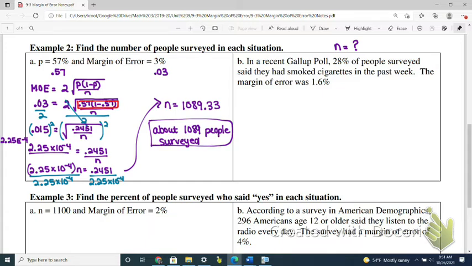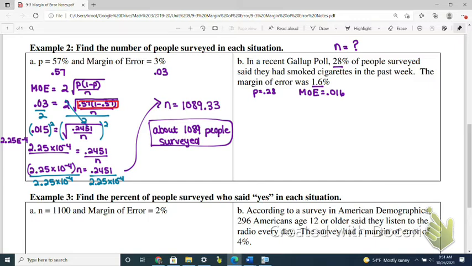Okay, so let's look at B. It says 28% of people said they smoked cigarettes in the past week. So that is my p-value. The margin of error was 1.6%. So again, I divide by 100, so that's 0.016.